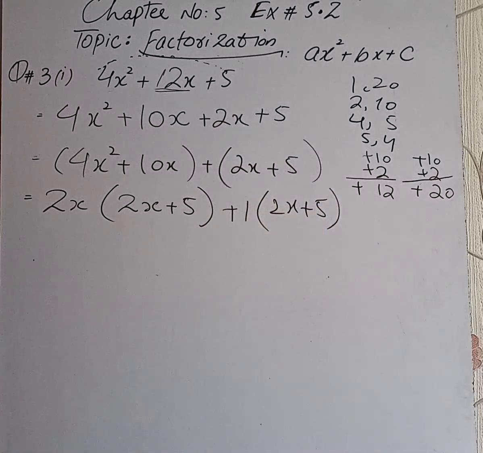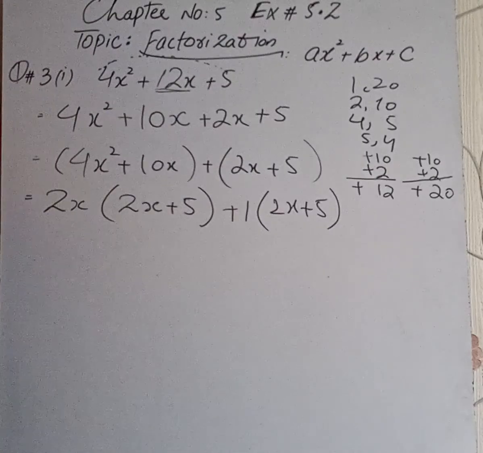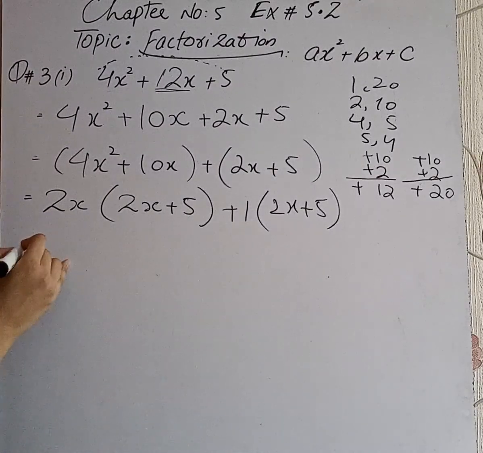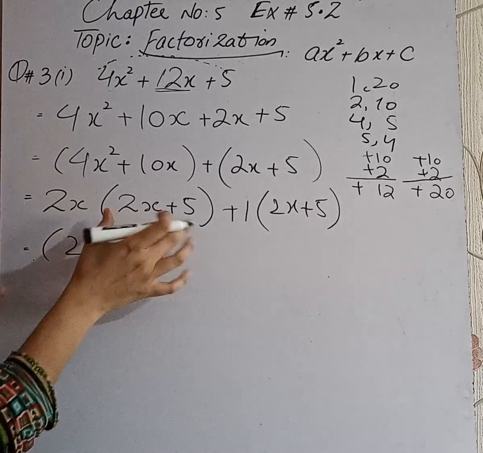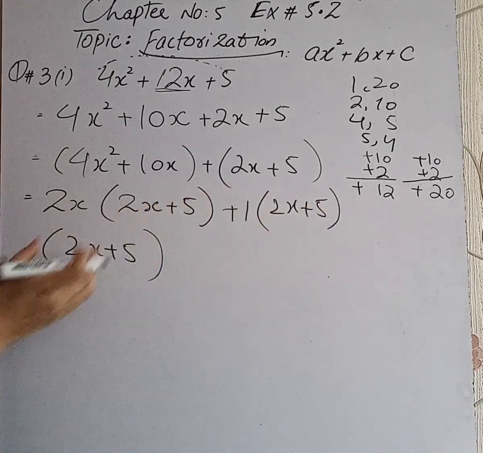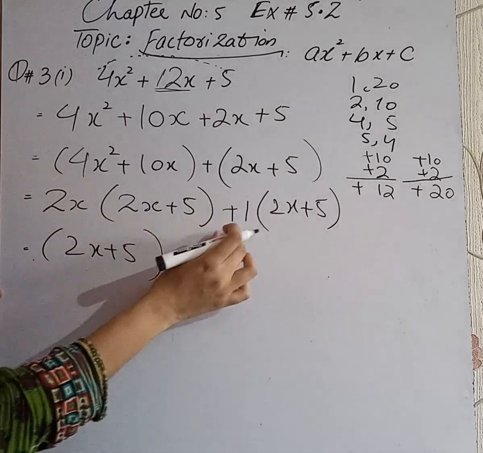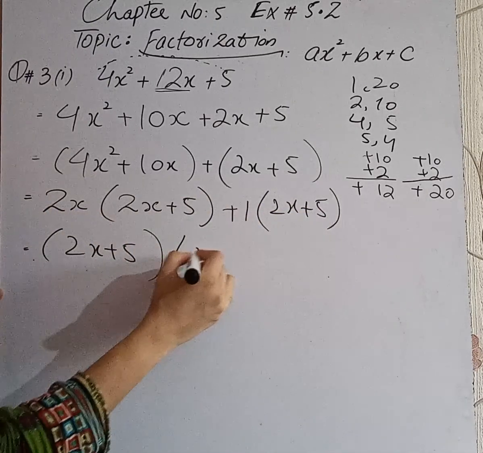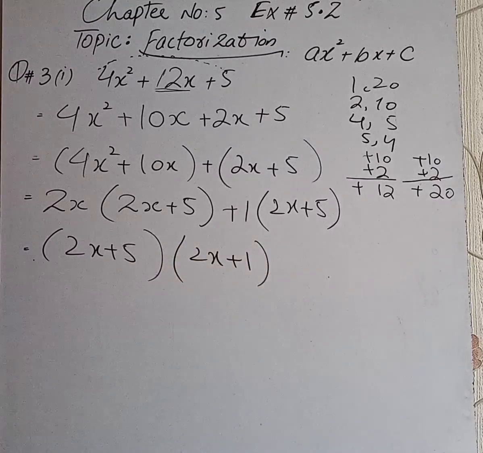Now you can see 2x plus 5 is common in both, so we take 2x plus 5 as common. What is left now? 2x plus 1. So these are the possible factors of this given quadratic expression.